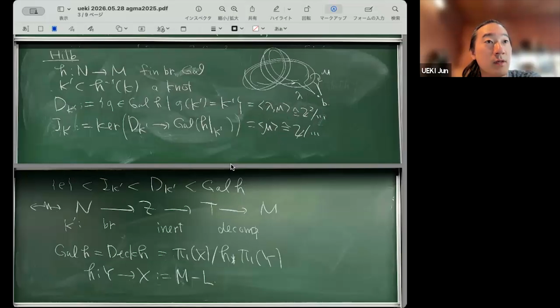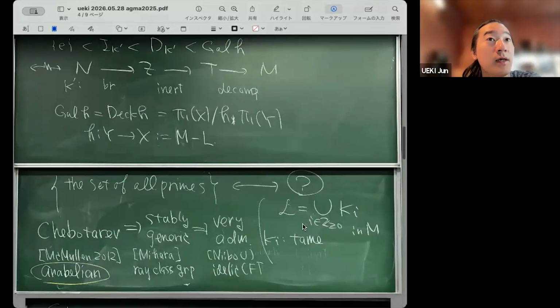And we have the sequence of subgroups of the Galois group, and they correspond to the subcovers of the given cover. In the first part, K prime completely branches, in the next part, K prime is completely inert, and in the last part, K prime completely decomposes.